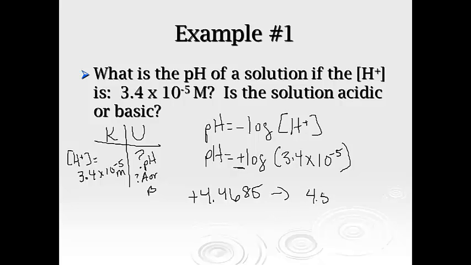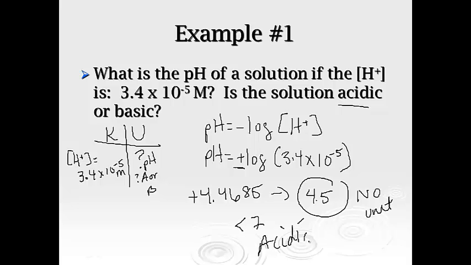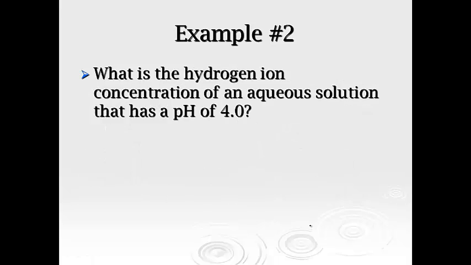So our answer is 4.5, and there is no unit on pH values. That's it. The pH is equal to 4.5. Now, the second part: is it acidic or basic? Since it is less than 7, it's going to be an acidic solution.